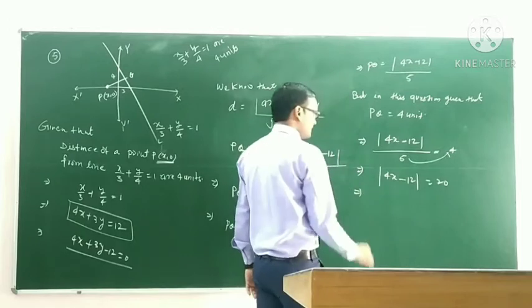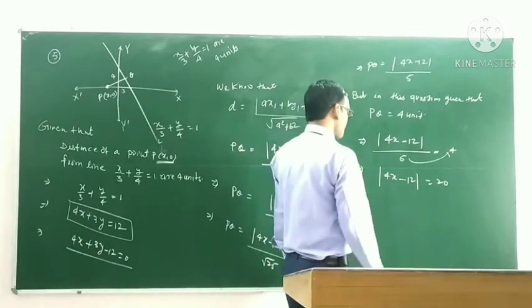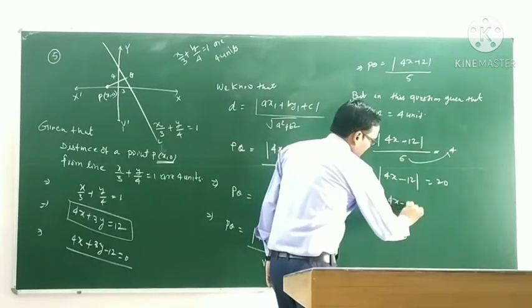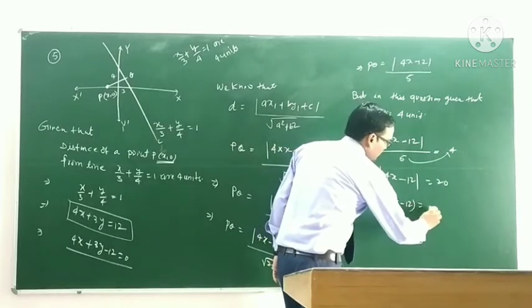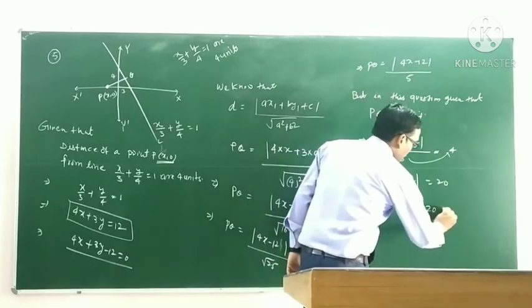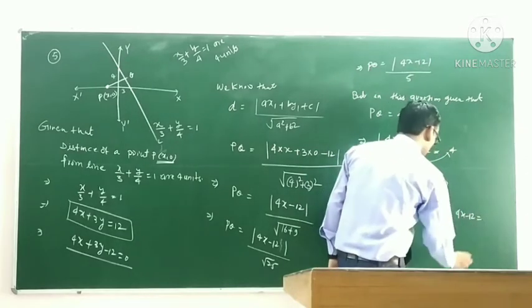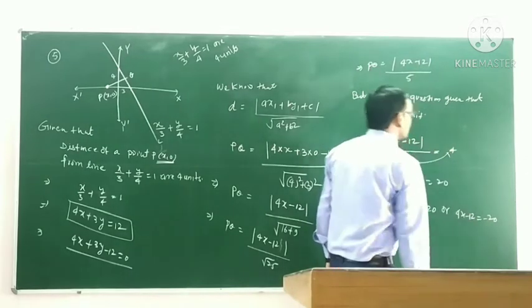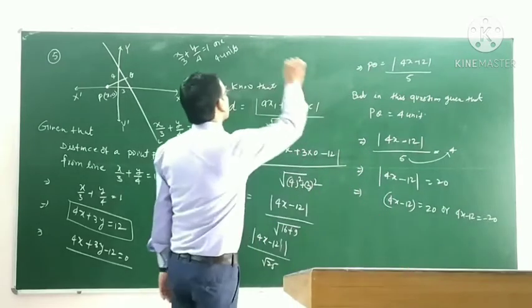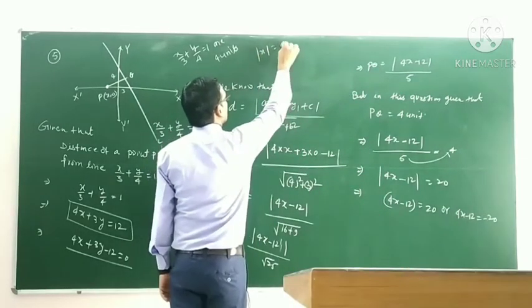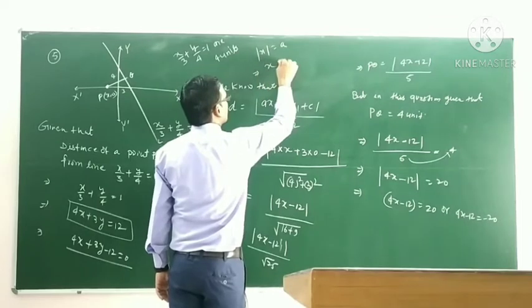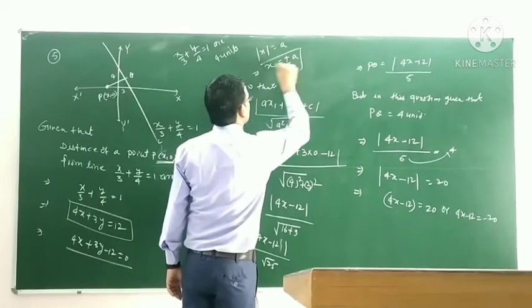This implies that 4x minus 12 is equal to 20 or 4x minus 12 equal to minus 20. Okay, students, we know that if mod of x equal to a, then x equal to plus or minus a.